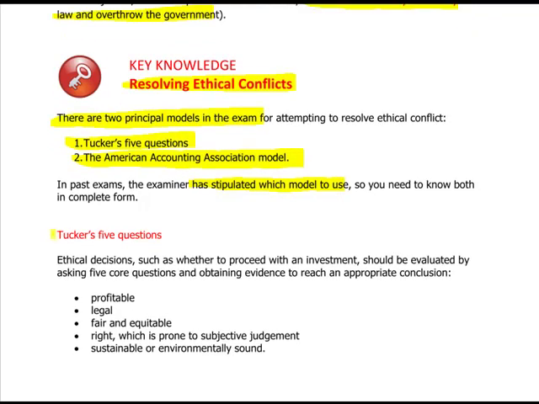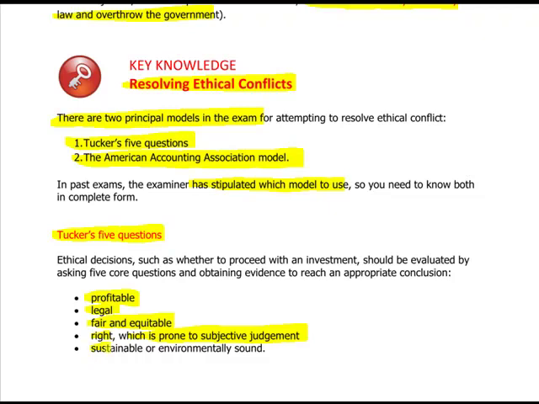Tucker basically suggests there are five questions of ethical decision-making process. You want to work out whether to do something, the profitable level of it. Is it going to be legal? Is it going to be fair and equitable to you and to others? Is it right, which is prone to subjective judgment, of course, because what's right to one person could be wrong to another, well, not so right to another person.